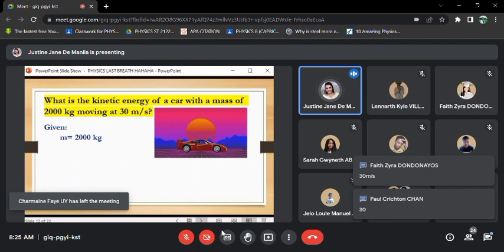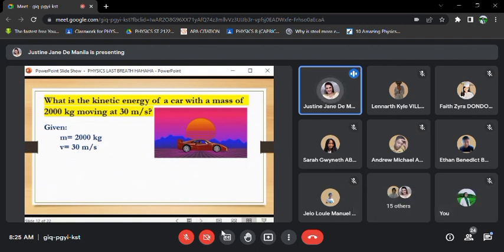Okay, very good. We have 30 meters per second. So, what could be the formula to get the kinetic energy? So, we have KE equals 1/2 mv squared.